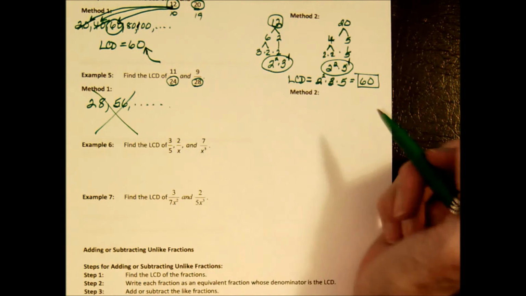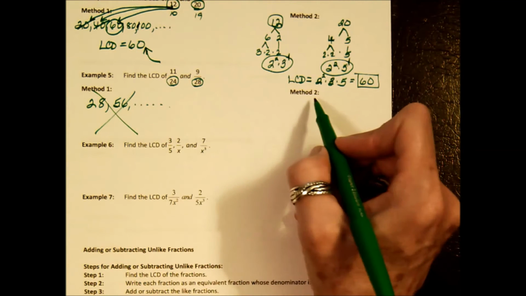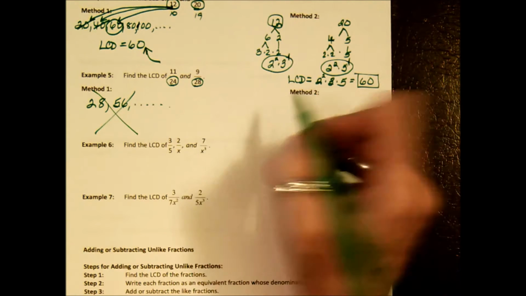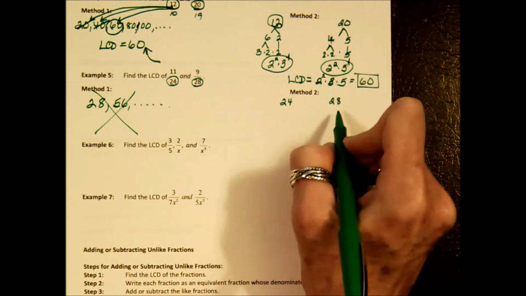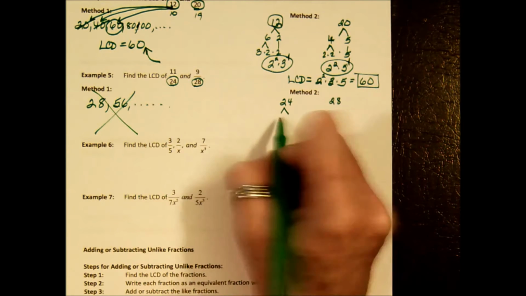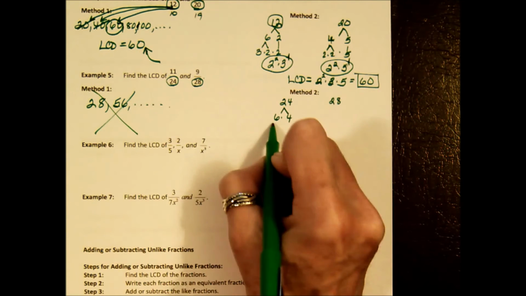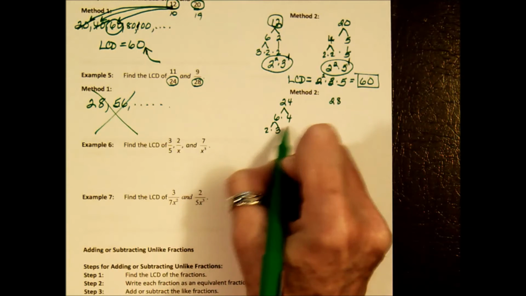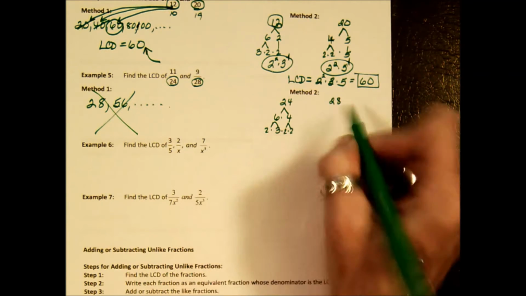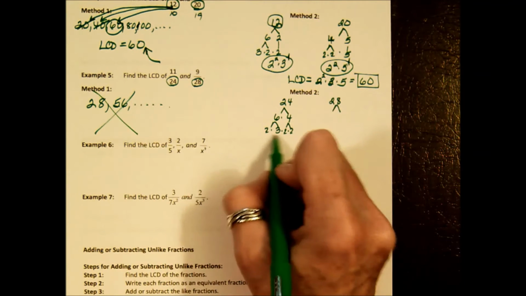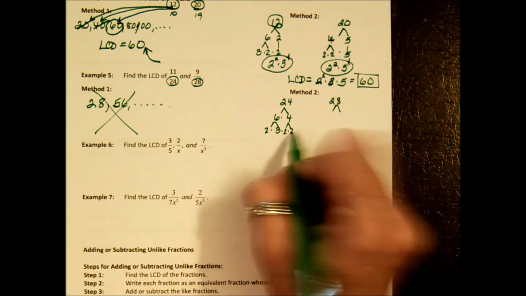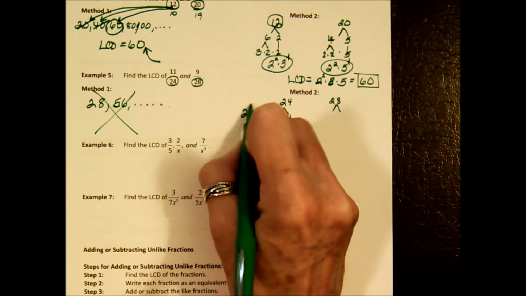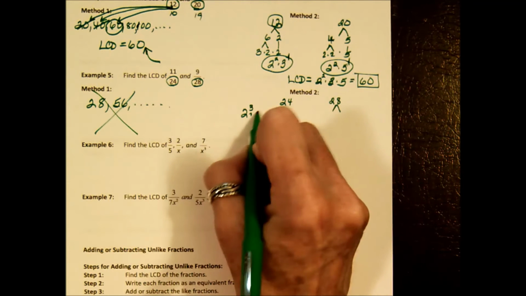So let's look at method 2. Method 2 allows me to take my two denominators, do a factor tree, 6 times 4, or 2 times 3, 2 times 2. So if I show that with exponents, that's going to be 2 to the third times 3.